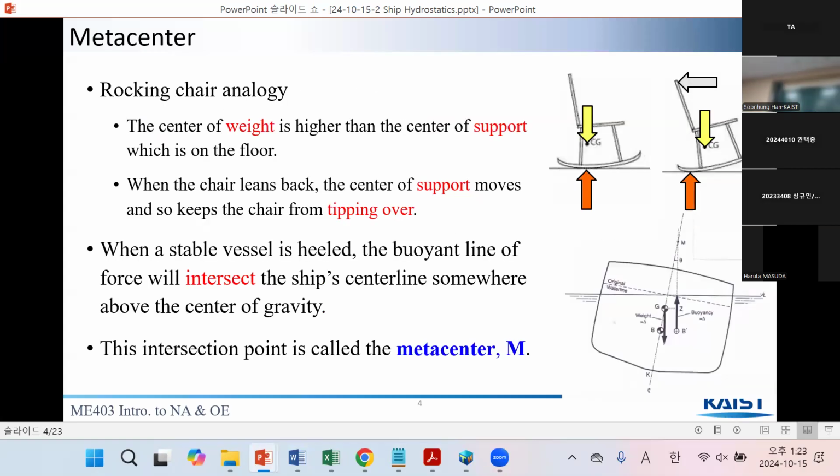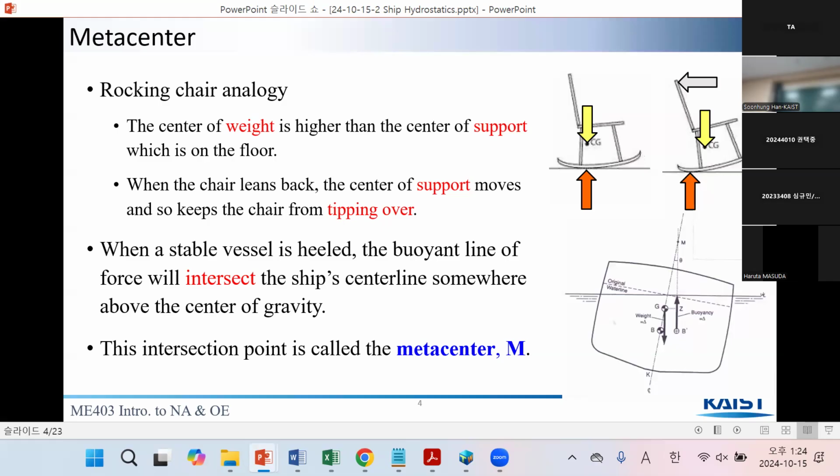The ship is similar to a rocking chair. The G of a rocking chair may be for an empty one, it should be the empty one also. When a person is sitting, the seat should be changing. Anyway, the support should be the buoyancy. This is not buoyancy, but we call it support.